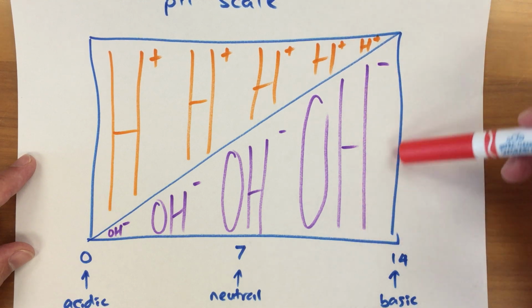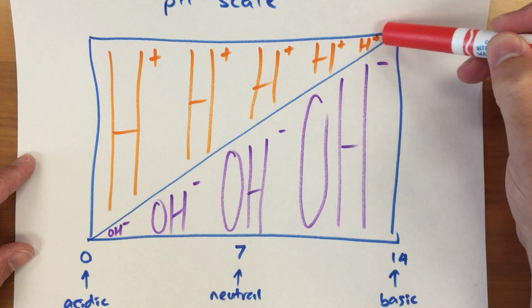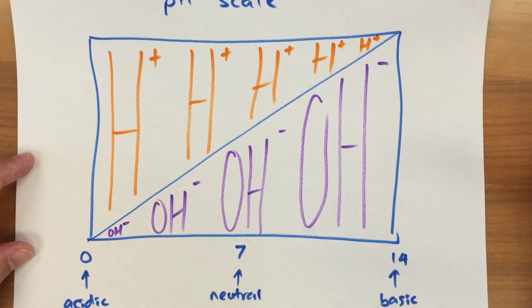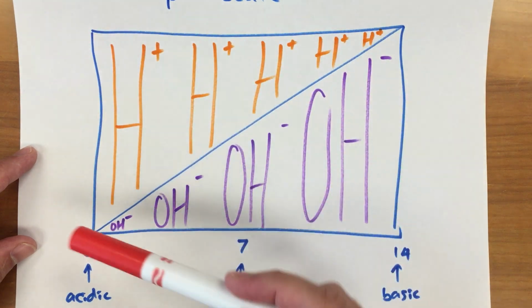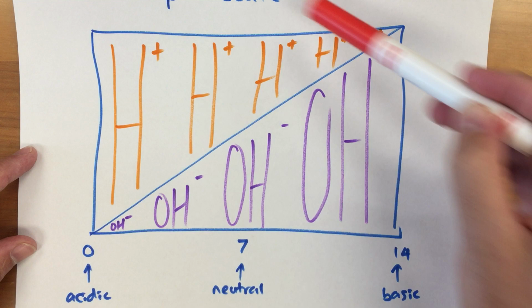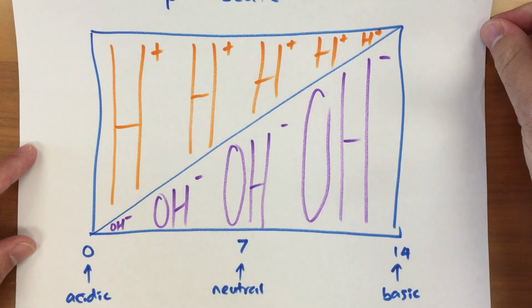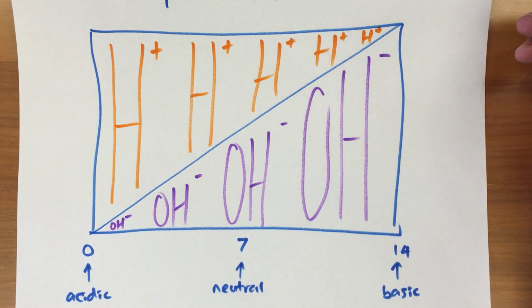So in a basic solution, you have the vast majority of ions being OH- and a tiny little bit of H+. In an acidic solution, you have the vast majority of ions being H+, and a tiny little bit being OH-. So this can be quite a helpful way of understanding how the pH scale relates to the approximate concentration of ions in an acidic or basic solution.